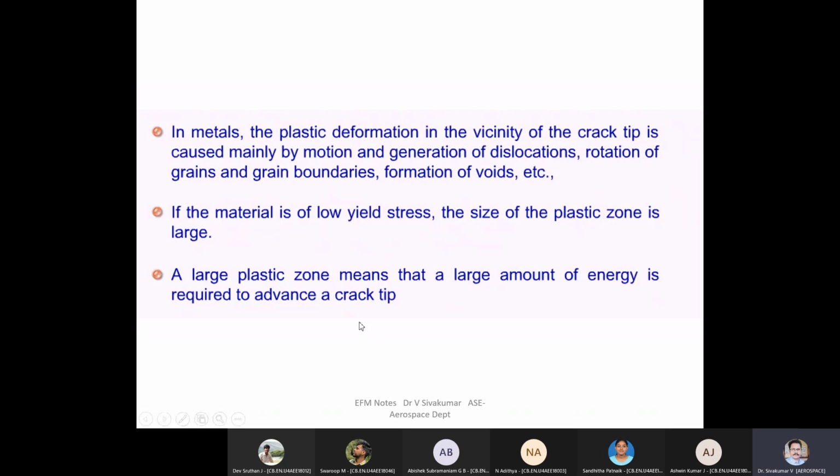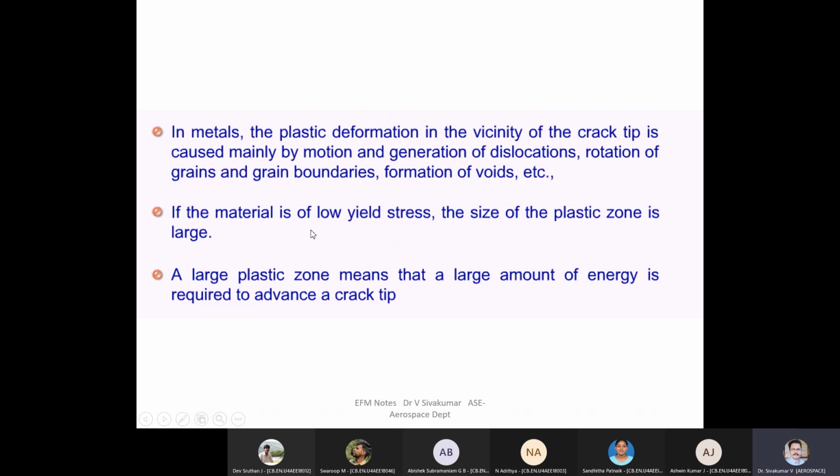In metals, the plastic deformation in the vicinity of the crack tip is caused mainly by motion and generation of dislocations, rotation of grains and grain boundaries, formation of voids, etc. That we all know. Wherever there are plastic regions, internal atoms are disturbed and many things will happen.